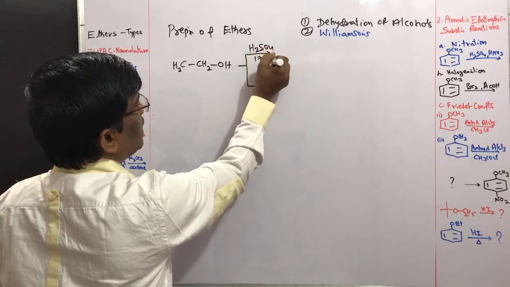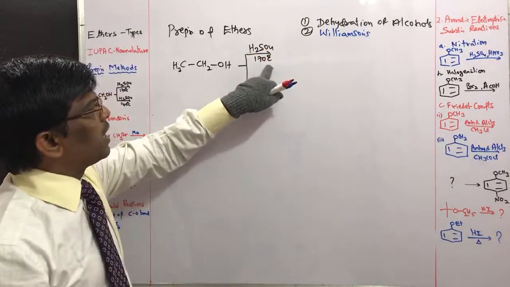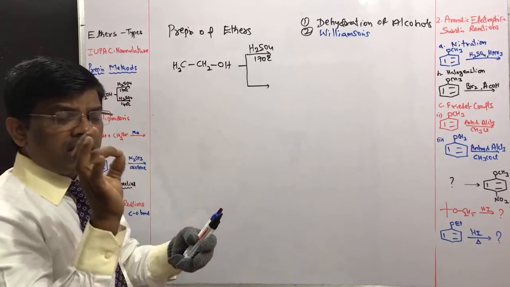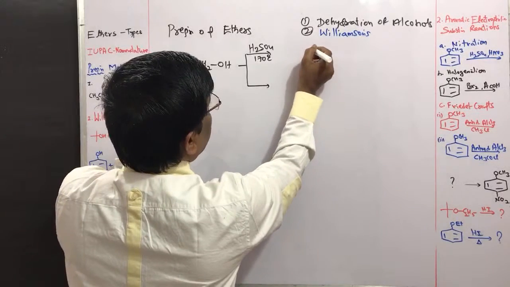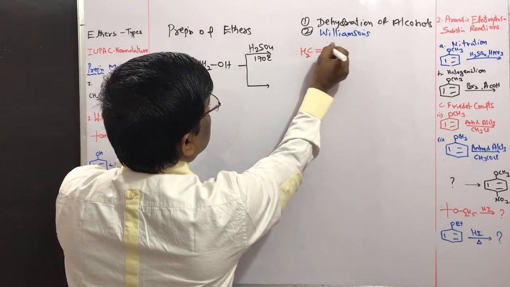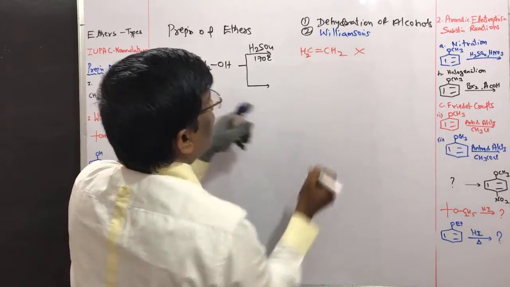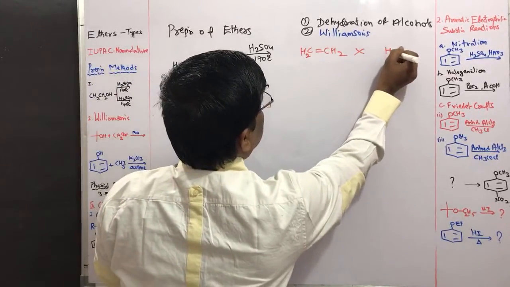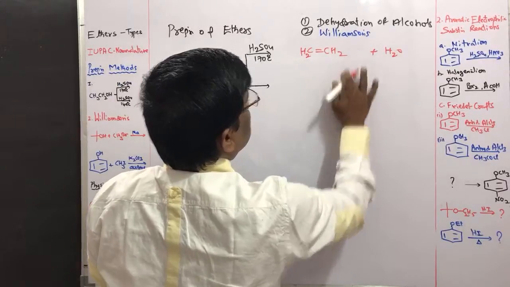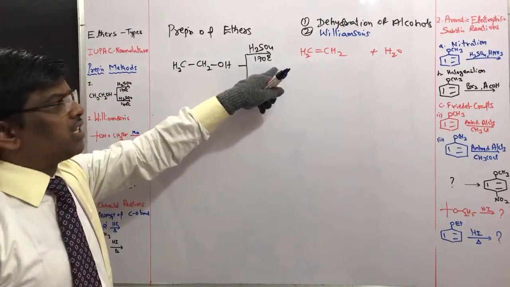At 170 degrees centigrade, at high temperature, it undergoes an elimination reaction to give an alkene, which is not required by us.